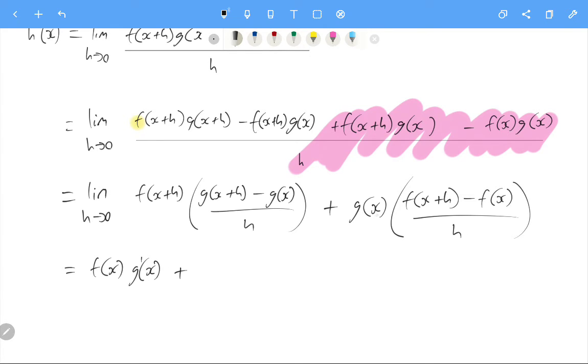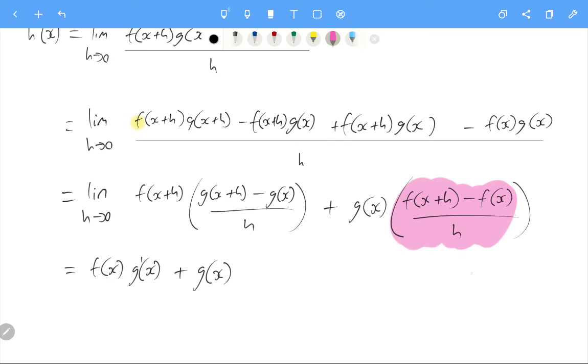Plus g of x, right? g of x has nothing to do with h, so when we take the limit, nothing happens to it. And this whole thing is just the derivative of f. So as h goes to 0, this becomes f dash of x.